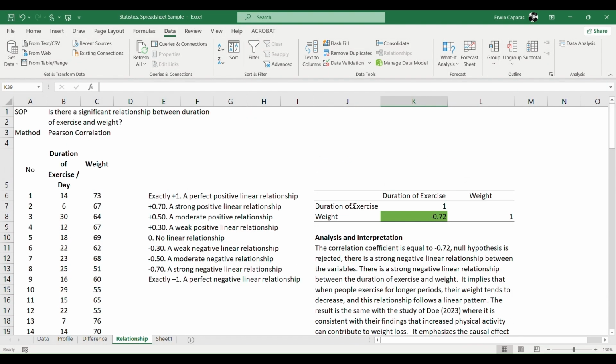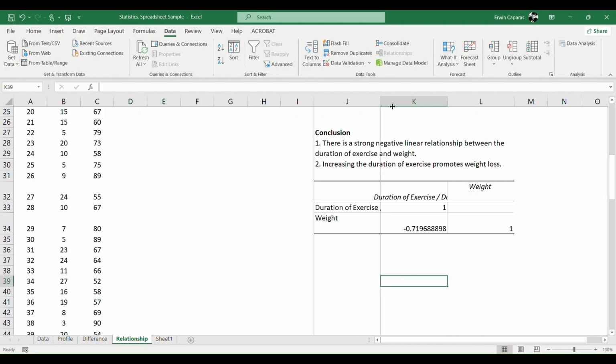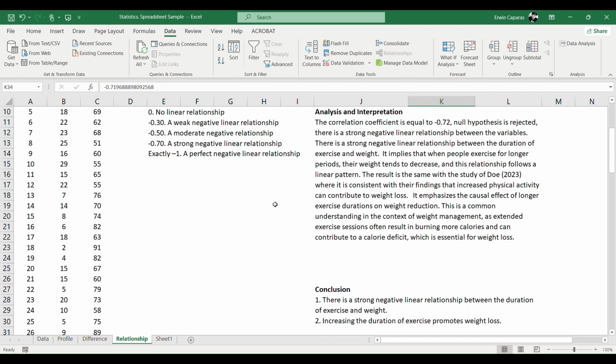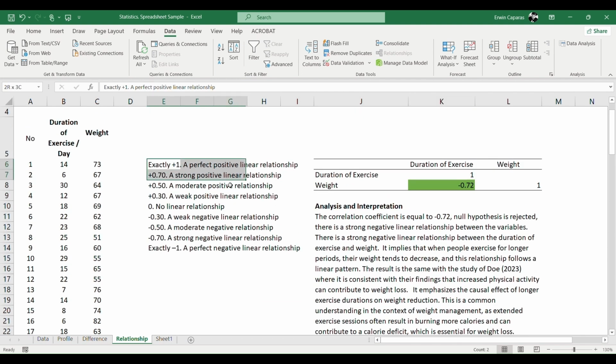So in this case, we have here 0.71968. Okay, so we have to look into this table for us to be able to make an interpretation.